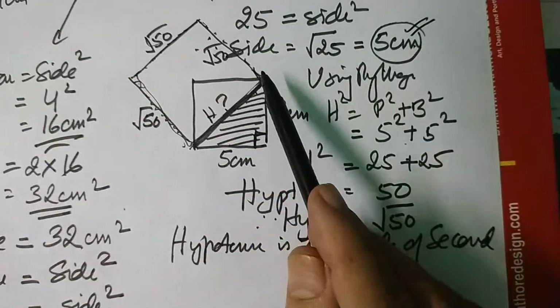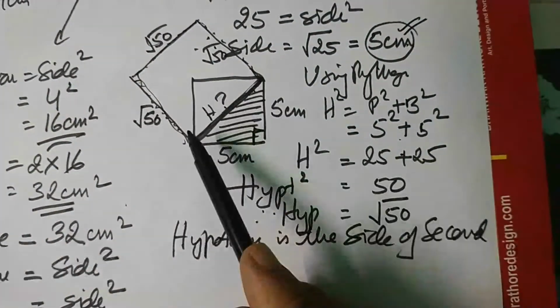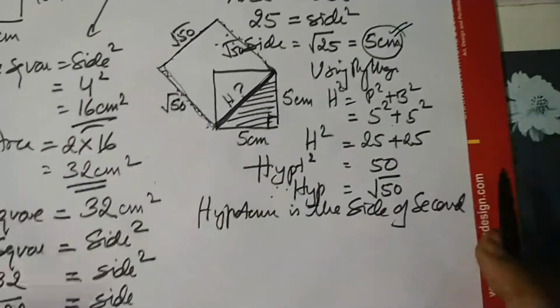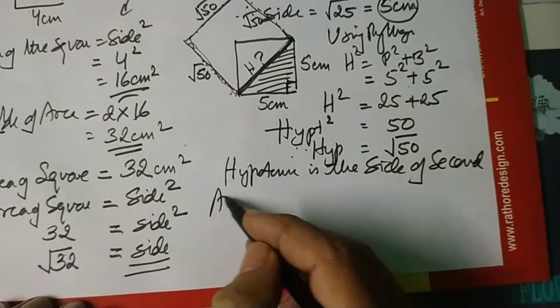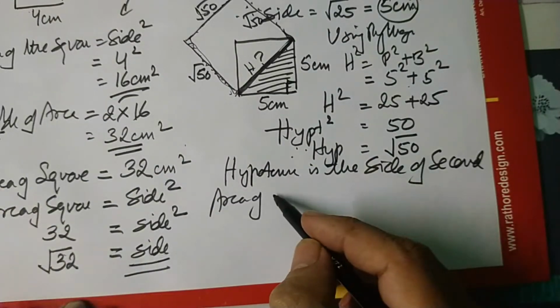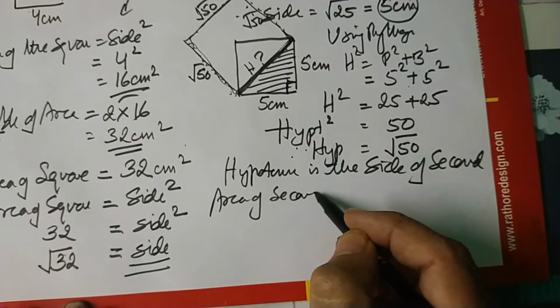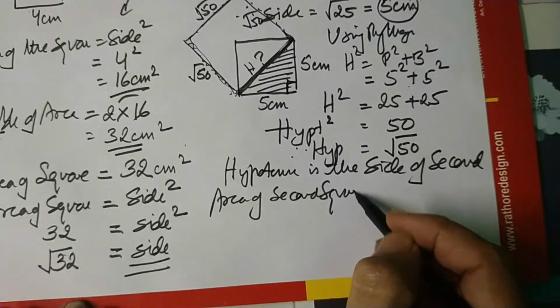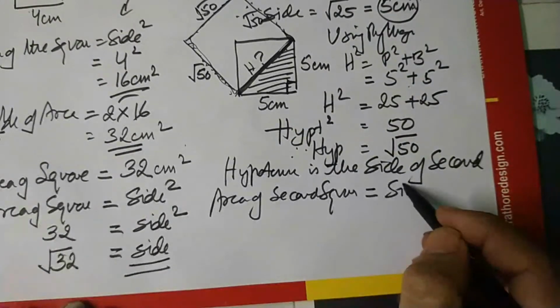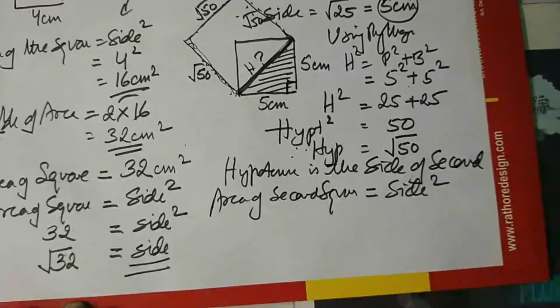Therefore, what is the area of this square? So now for the area of the second square, we will use area of the square is equal to side square.